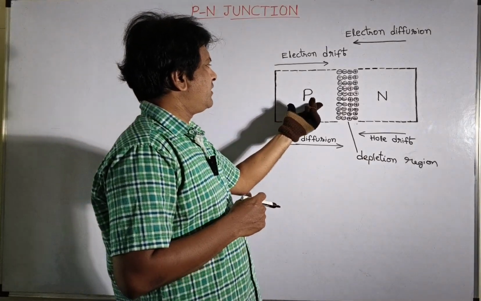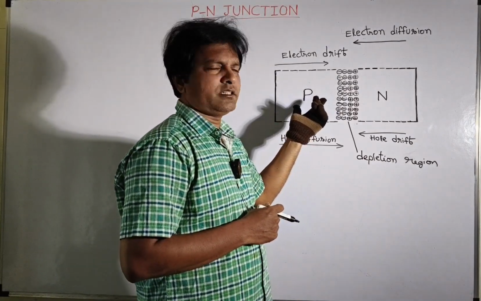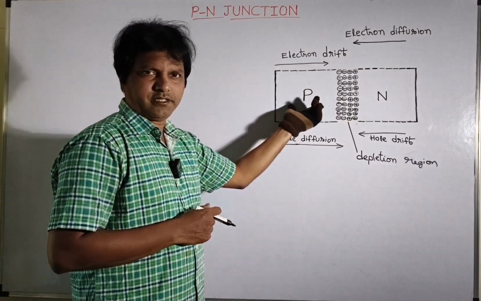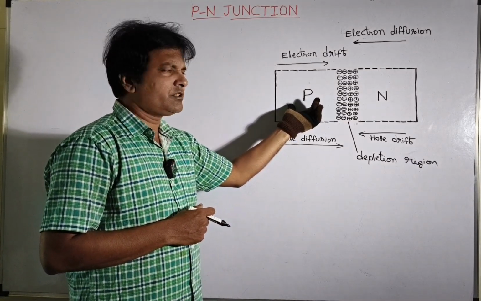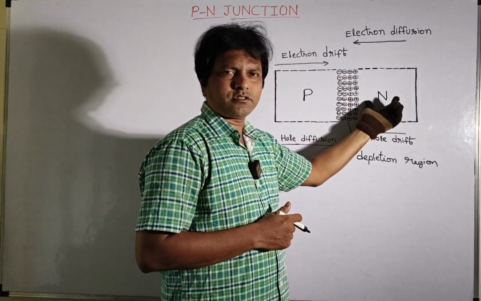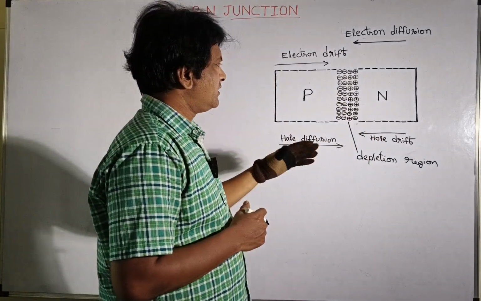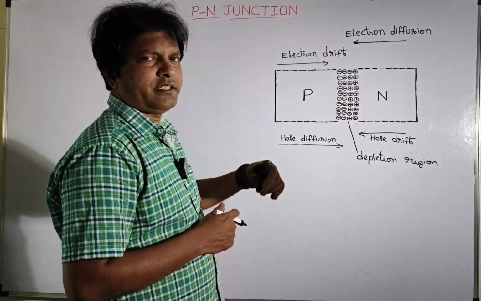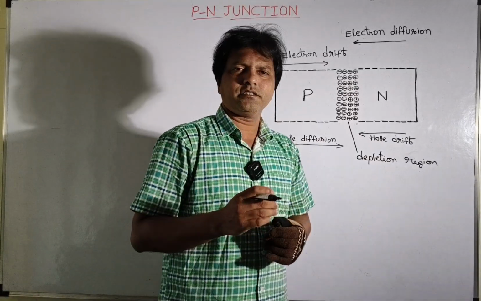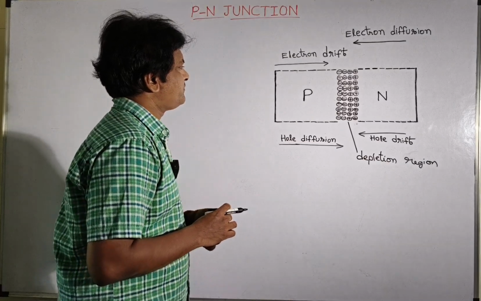Diffusion is because of the gradient, that means the concentration of holes on the P side, the number of holes per unit volume, and on the other side, the number of electrons per unit volume. That is called concentration or gradient. Gradient means it may increase or decrease depending on the situation.